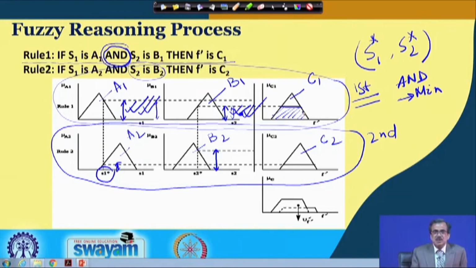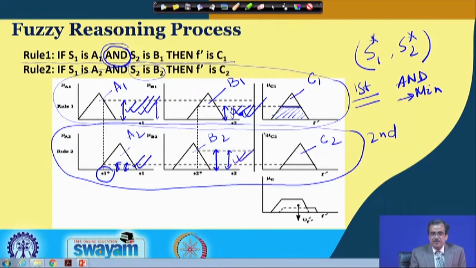Now, following a similar procedure for the second fired rule, which states if S1 is A2 and S2 is B2, then A prime is C2. This indicates the second rule. Corresponding to this S1 star, I have this particular membership function value, and corresponding to this S2 star, I have this membership function value, and now I will have to compare these two numerical values of membership.